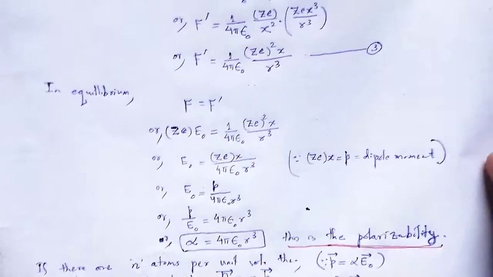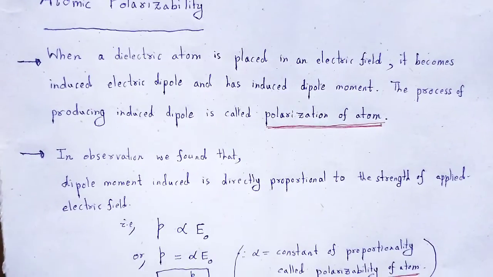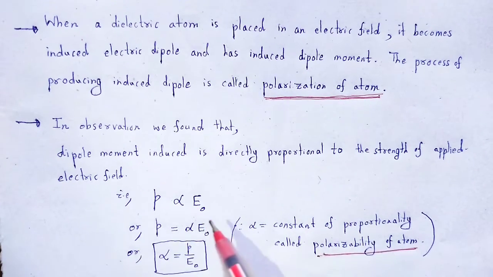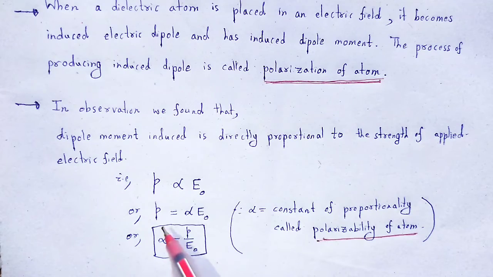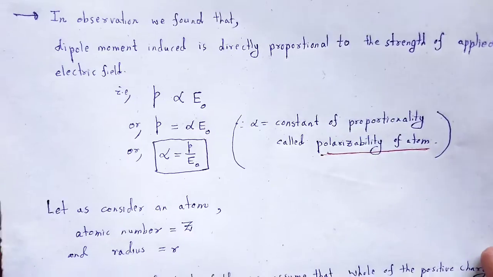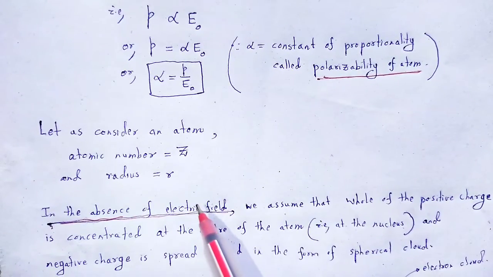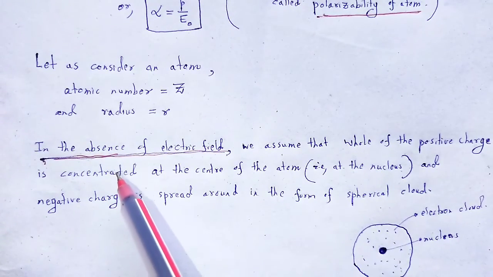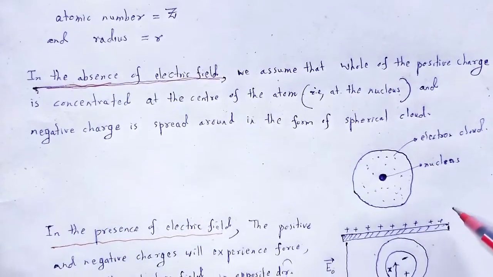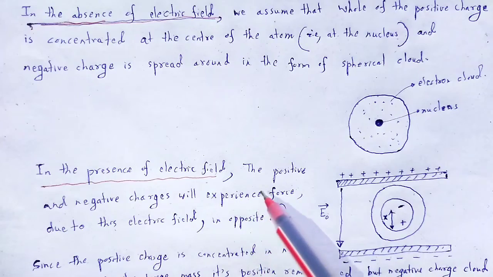So, with the help of this video lecture we understand the concept of atomic polarizability. What is polarization of an atom? Its defined mathematical formula. Mathematically we show it by taking an atom having atomic number Z and radius small r, what exactly happens in the absence of an electric field, and what happens in the presence of an external electric field.